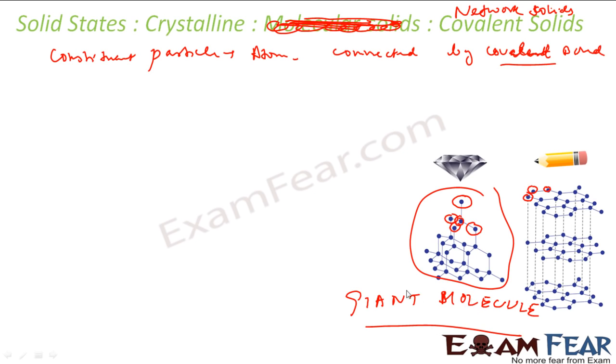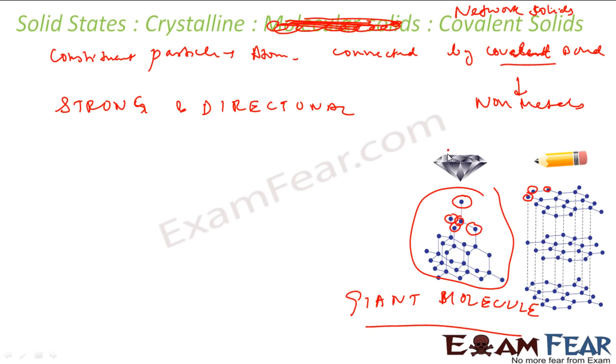So these are generally crystalline solids of non-metals because they form covalent bonds. They are also very, very strong, arranged in a strong and directional way. Examples: diamond, silicon carbide, graphite.